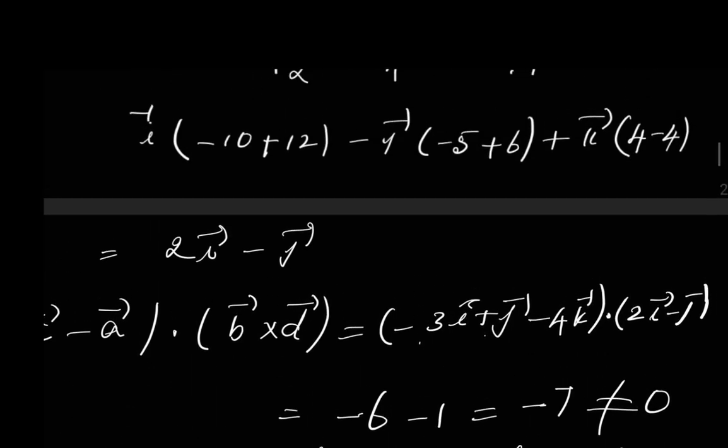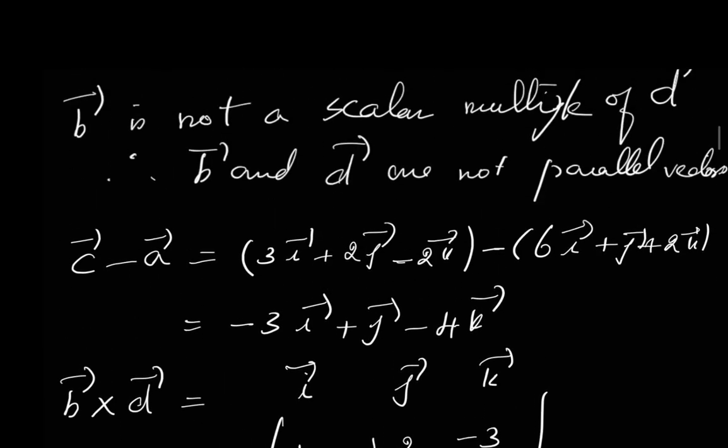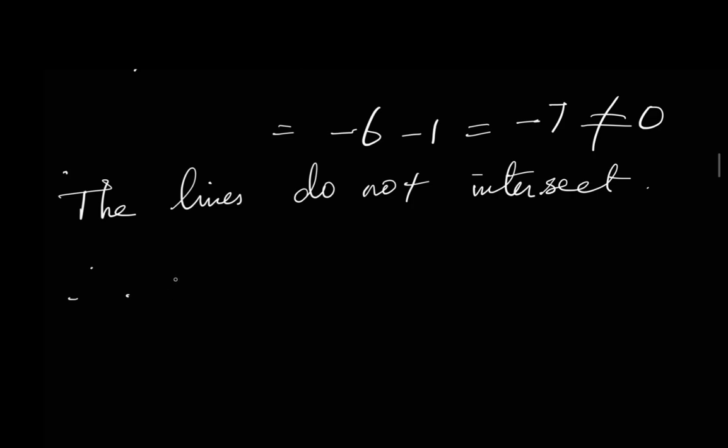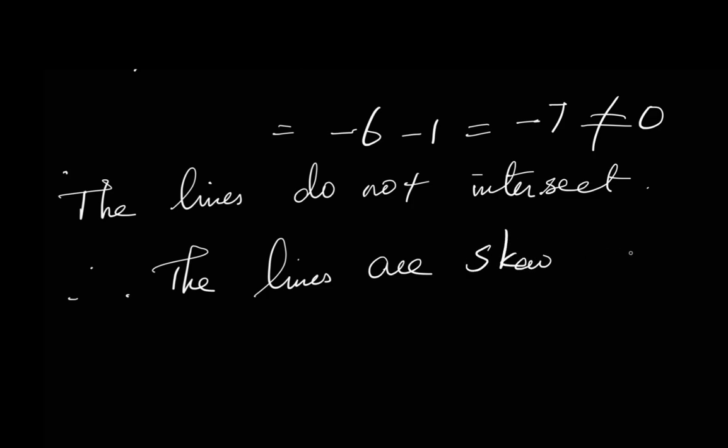Therefore, already we have shown the lines are not parallel, and also they do not intersect. So therefore the lines are skew lines.